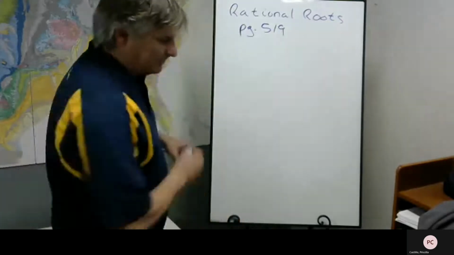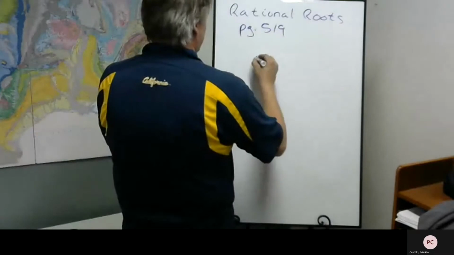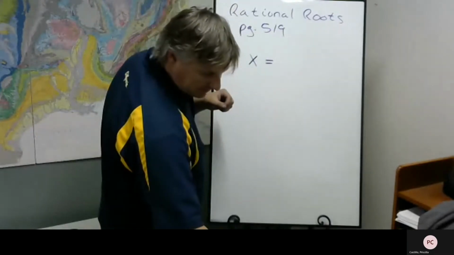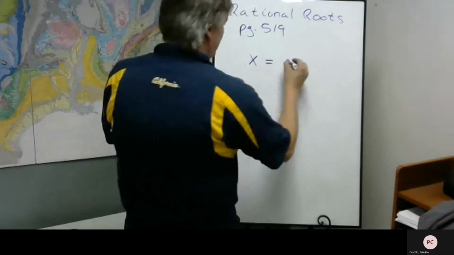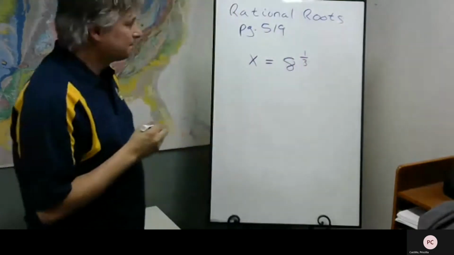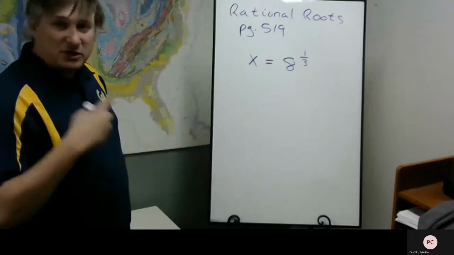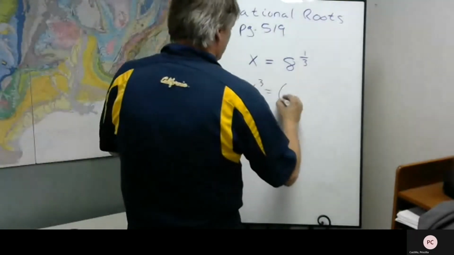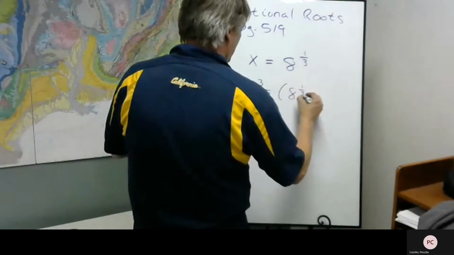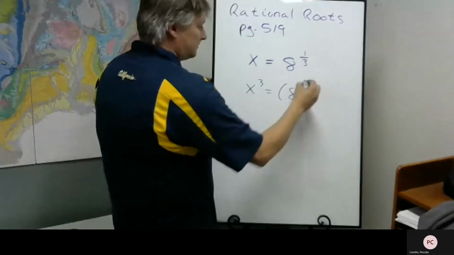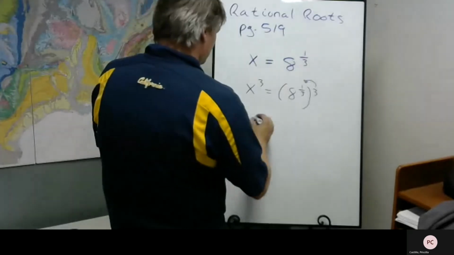Now, let's take a look at something. Let x equal, let's see, 8 to the 1/3. Now, if we cube both sides, we'll get x cubed equals 8 to the 1/3 cubed. Now we'll distribute this as an exponent.